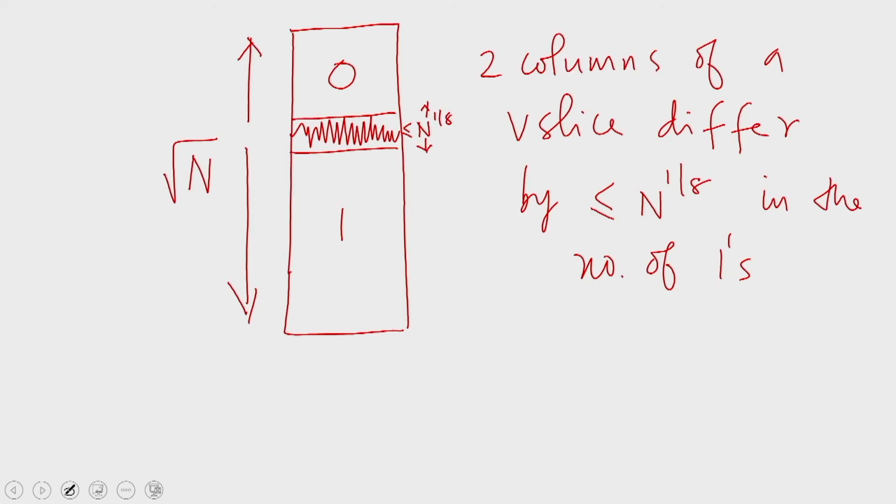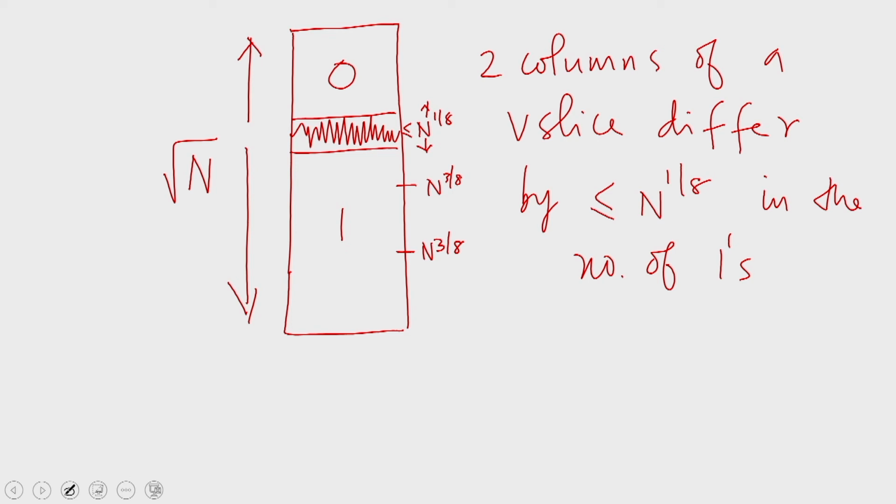Now this vertical slice is divided into several blocks. Each block has a width of n power 3/8. So if you measure the vertical slice in units of n power 3/8, what we find is that the dirty band either is entirely within one block or it spans at most 2 adjacent blocks.